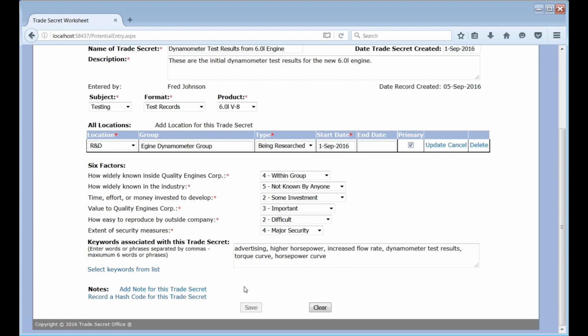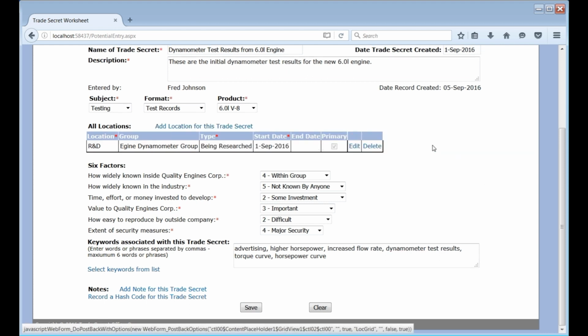So we don't want to move the trade secrets. We just want to be able to record a hash value that'll prove that this entry corresponds to that file. So we'll record the hash code, and we won't put the trade secrets in this system. Just as the library card catalog doesn't have any books in it, the trade secret card catalog isn't going to have any trade secrets in it.